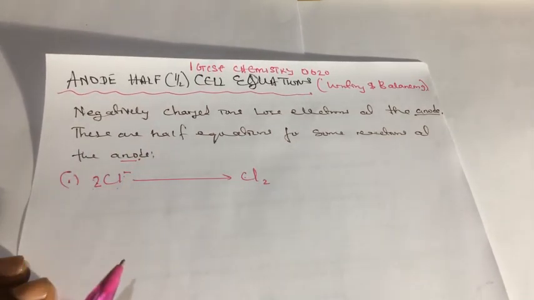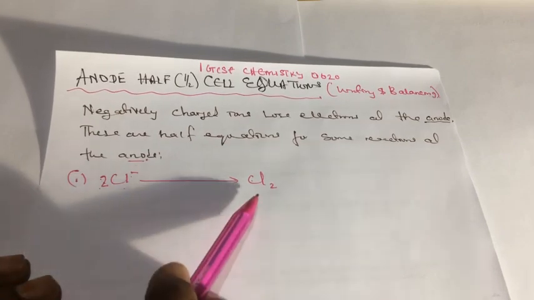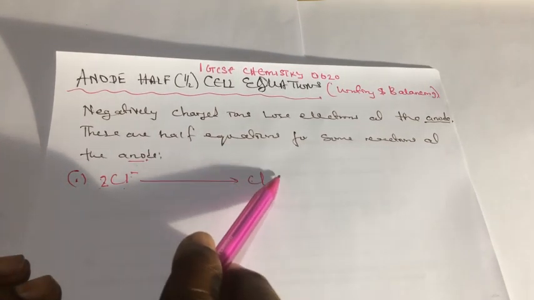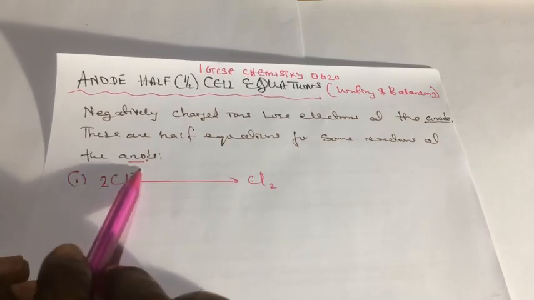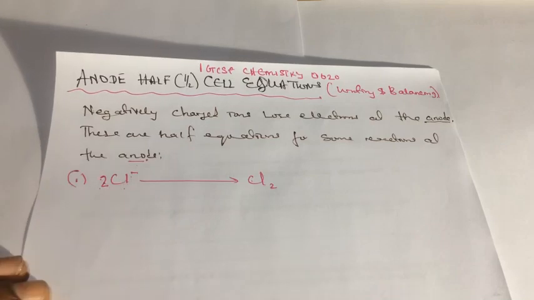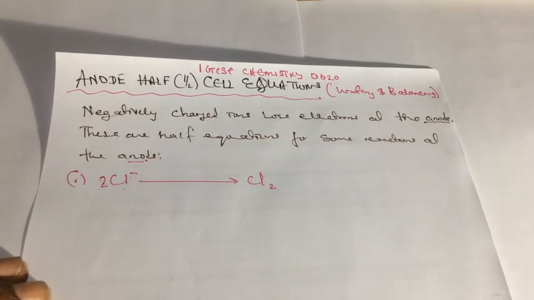Now, in terms of their charges, we are told that the total charge on each side must be the same. This side is 0, because there is no charge, electrically neutral. The net charge here is 0, but the net charge here is negative 2. So how do we balance this?